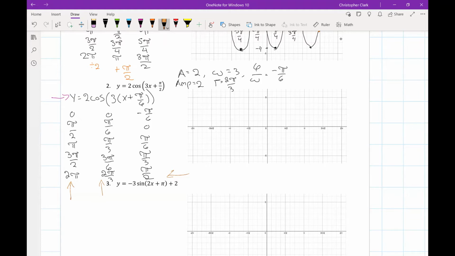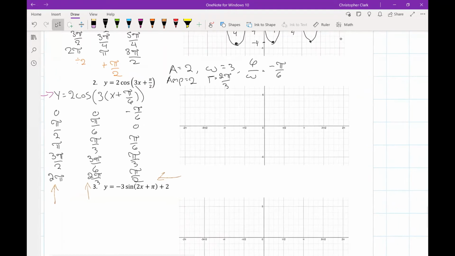Another pi over 6, pi over 3, and pi over 2. So we can go in and graph these. We're going to do negative pi over 6 about right here, and then pi over 6 about right here, pi over 3 about right here.